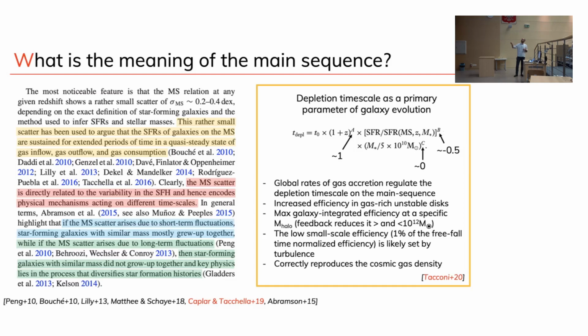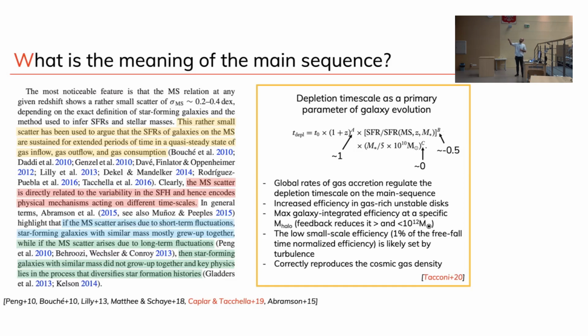You see that there's a dependence on the redshift and on the distance from the main sequence. That just means that if you have starbursts going upwards on the main sequence, this number goes up. This is the star formation rate compared to the star formation rate of your typical galaxy on the main sequence. And there is a dependence on stellar mass. Again, that's because the main sequence is maybe not exactly linear, so you might have some sort of slope with stellar mass.